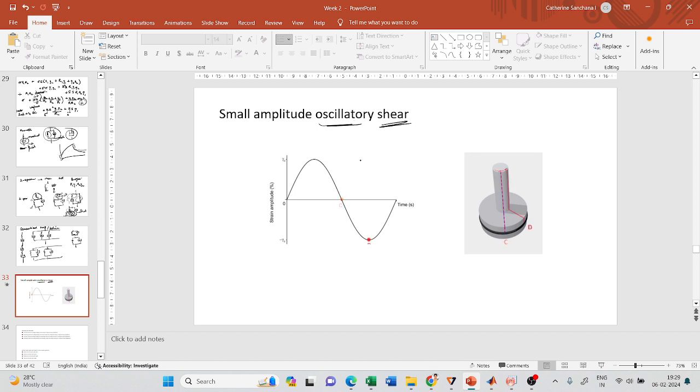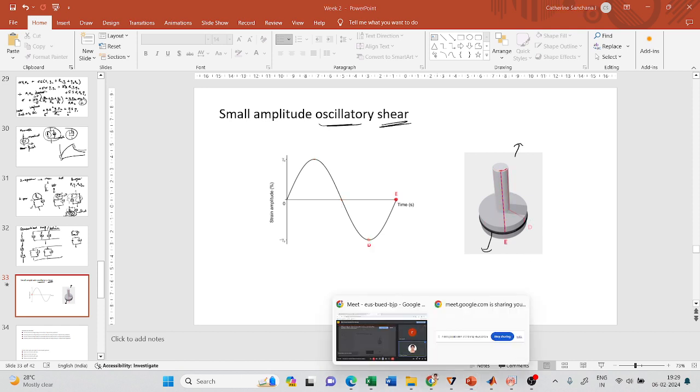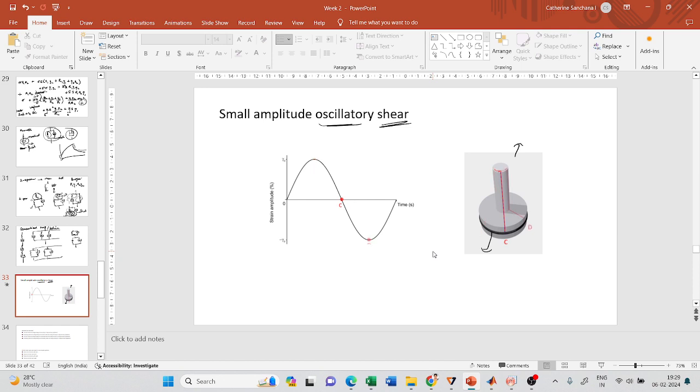So what does this mean? This shear is applied on bitumen. This is the bitumen sample, this black material. It is sandwiched between two plates, and the top plate is oscillated in a sinusoidal manner.